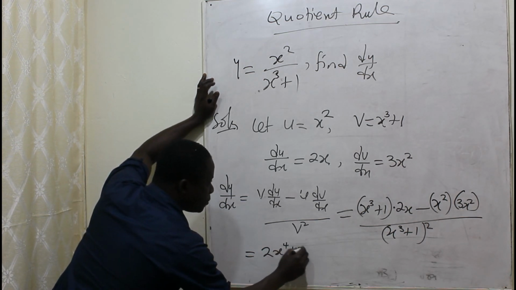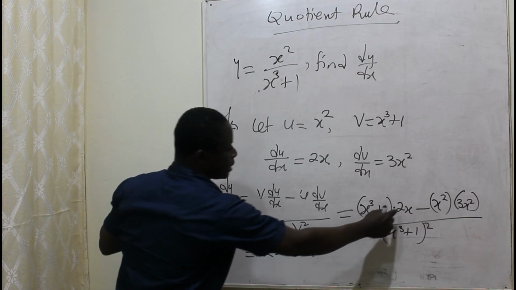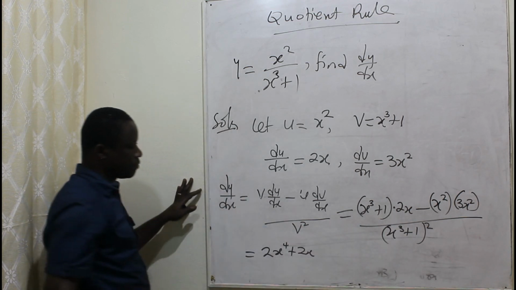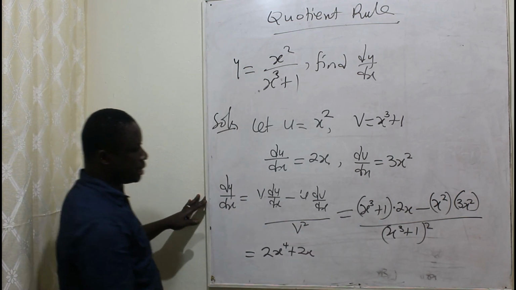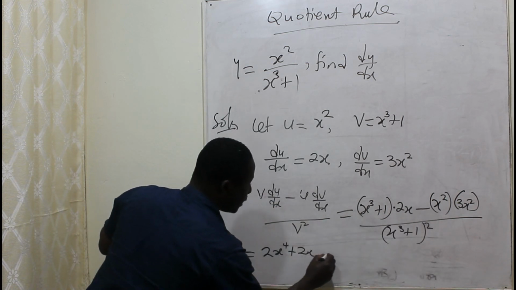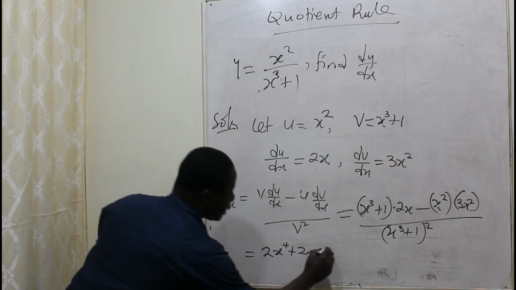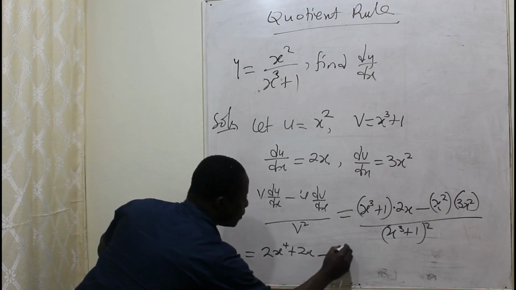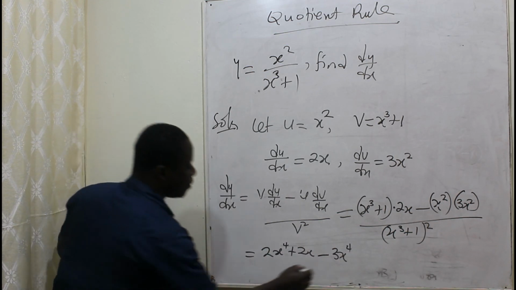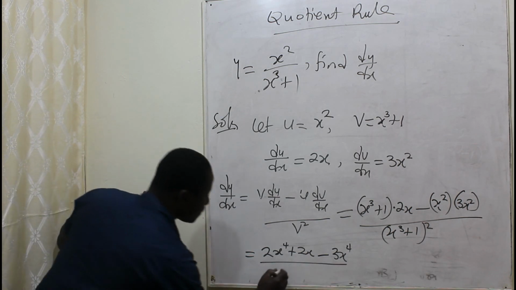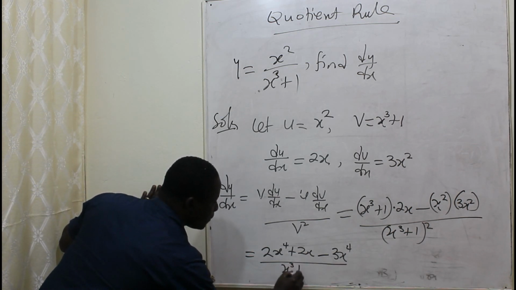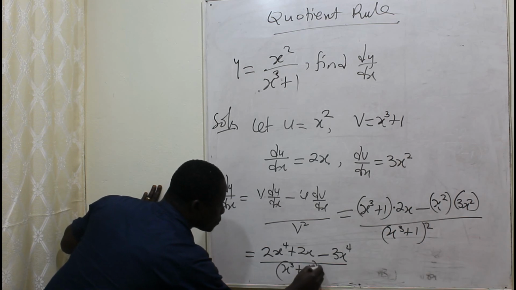Then plus 2x. That is when 2x expands this bracket. Then we also have minus this times that, and it will be 3x exponent 4 all over (x cubed plus 1) all squared.